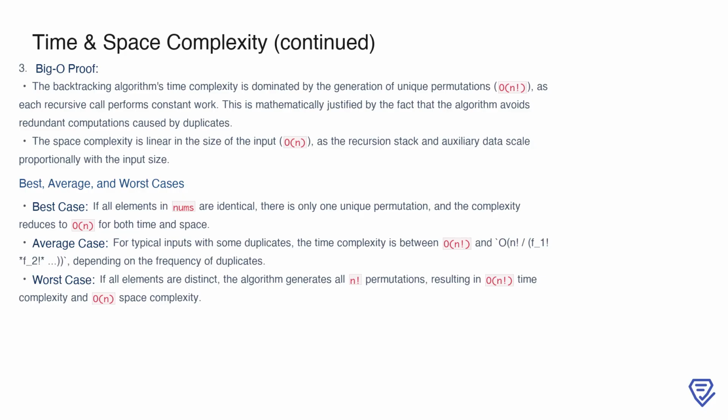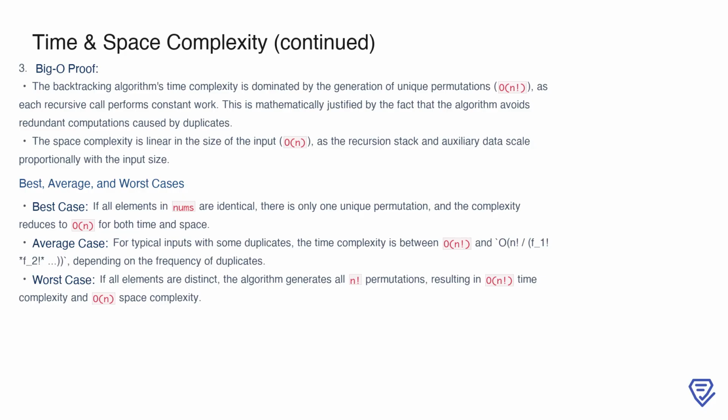Now, considering different cases, the best-case scenario occurs when all elements in the array are identical, resulting in just one unique permutation. Here, both time and space complexities reduce to O(n). In the average case, with some duplicates, the time complexity lies between O(n) and O(n!), depending on the frequency of duplicates.